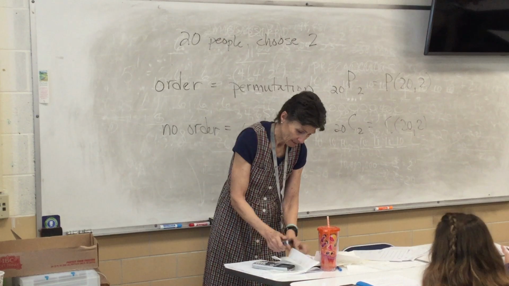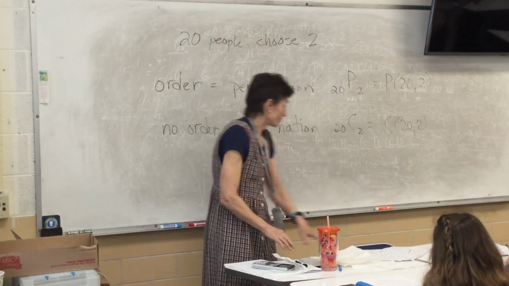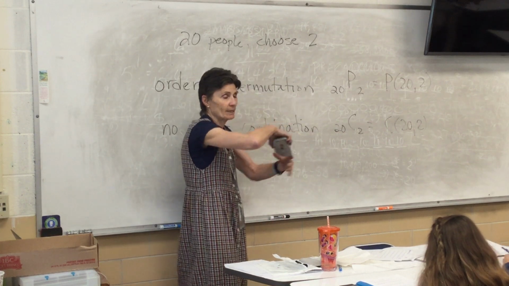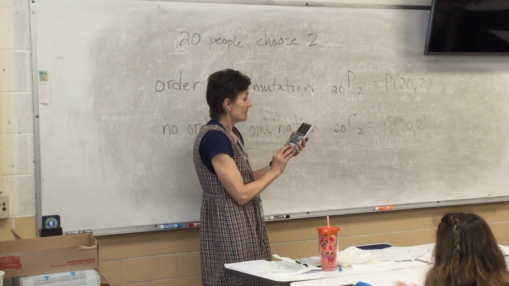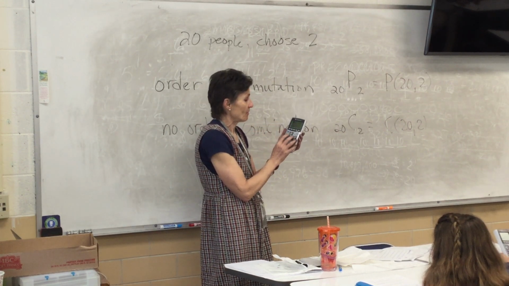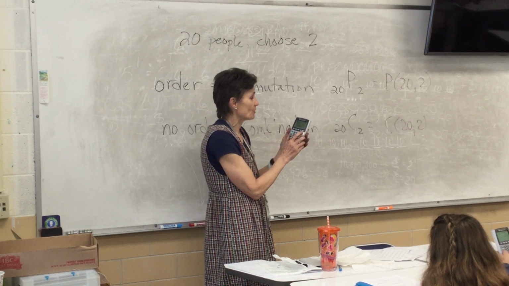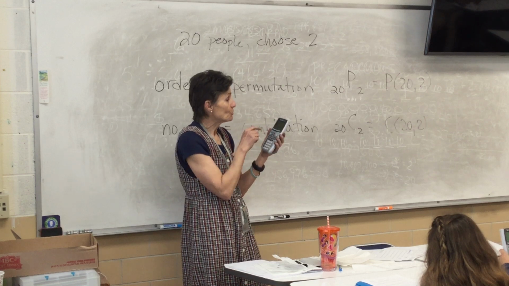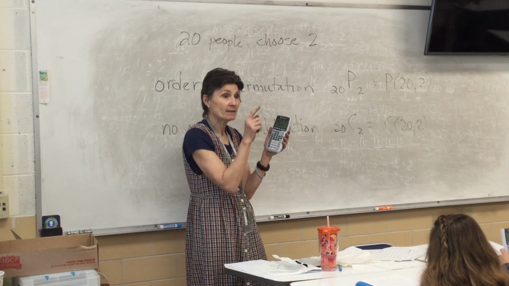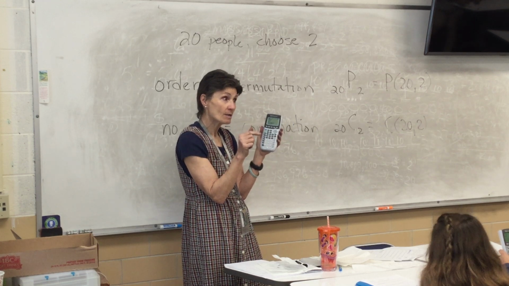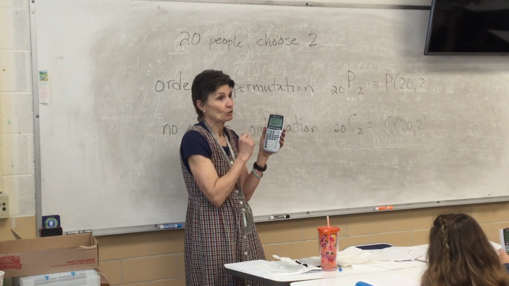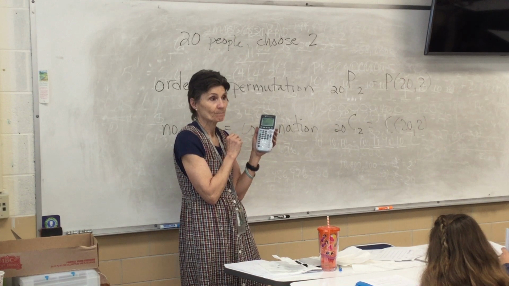All right. Now, how do I evaluate these? Take out your trusty calculator you're about to learn. If you go to the Math Prob menu where you were to get your exclamation point, do you notice an nPr and an nCr? Those are your buttons, okay?